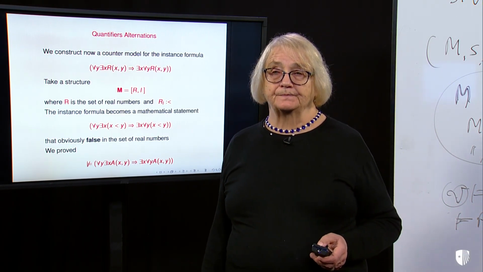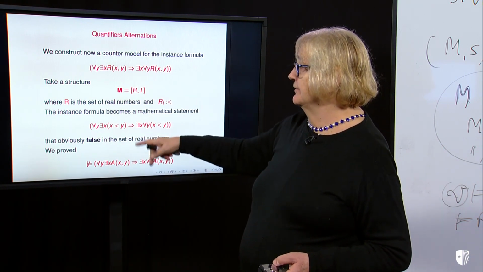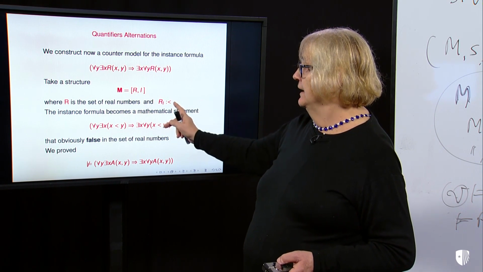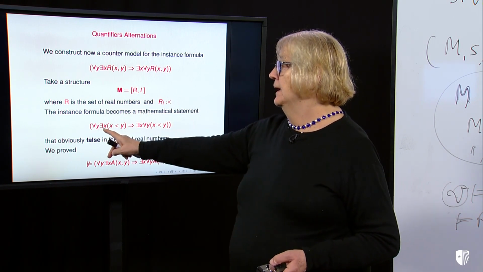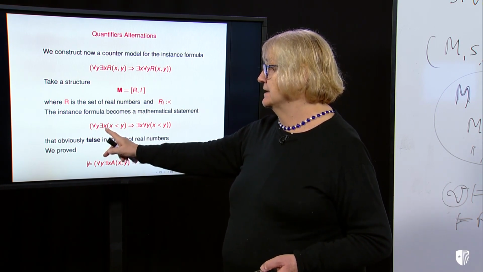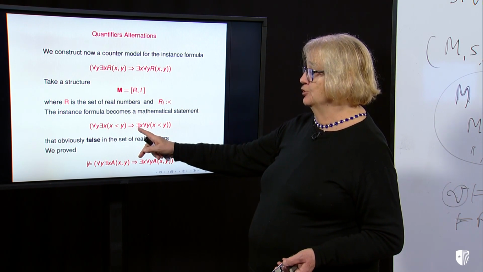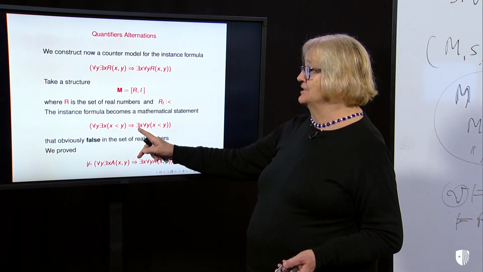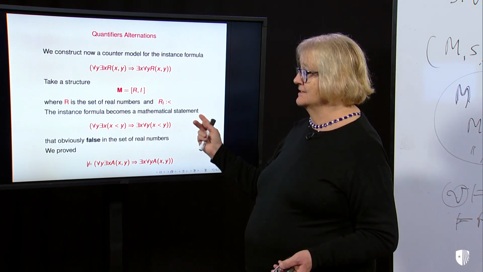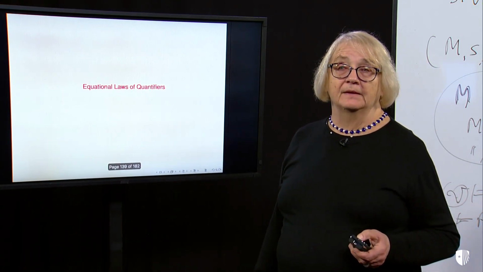For example, take the structure of real numbers with less-than: for all y in the real numbers there is x such that x is less than y, but it's not true that there is x such that for all y, x is less than y. So you have the counterexample.